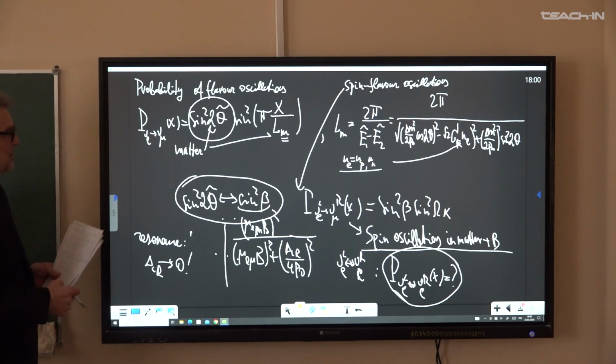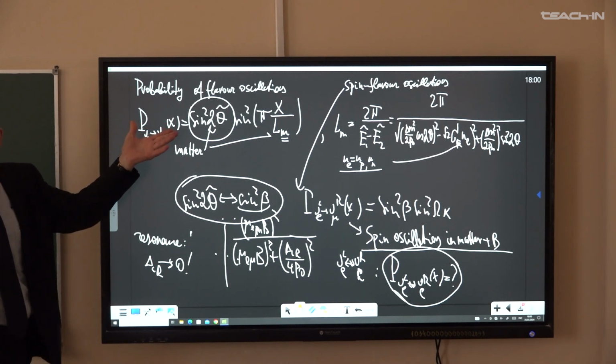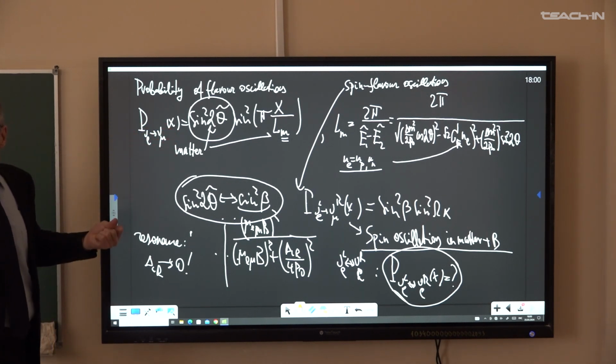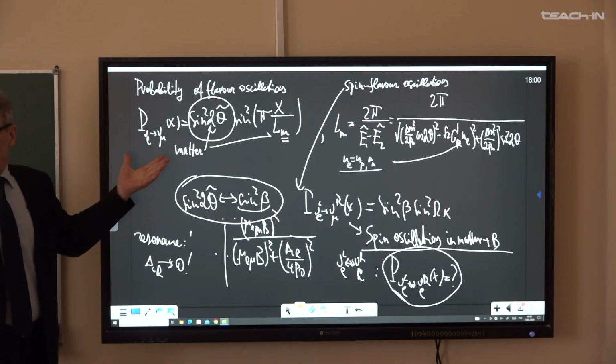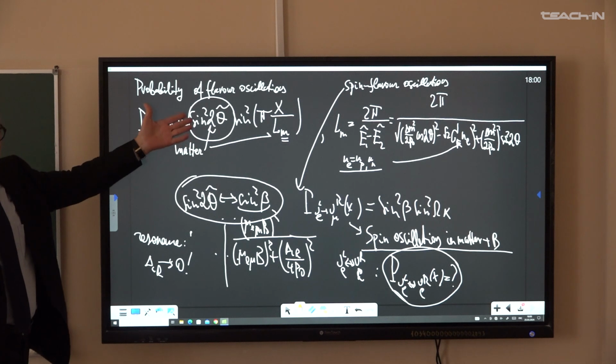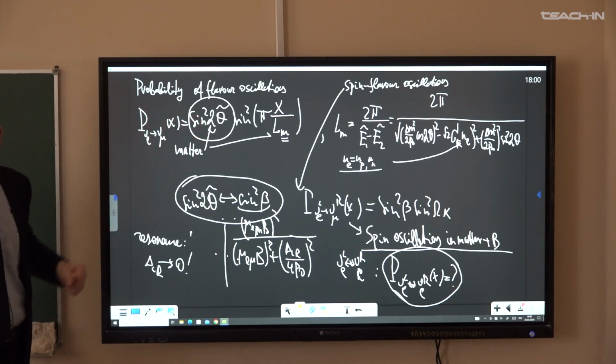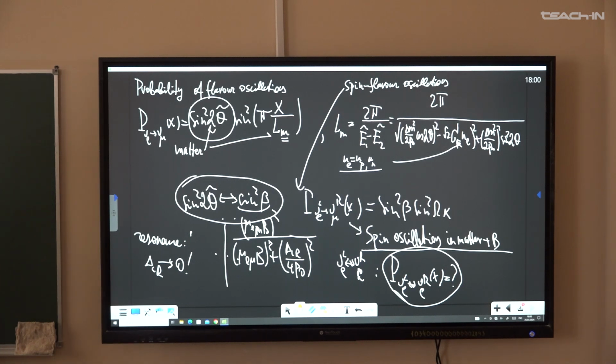But when these oscillations will be visible or just sufficient, not small, you can put a criterion when this amplitude exceeds 1/2 or 10%, depending on how sensitive your device is, how sensitive is the detection procedure.